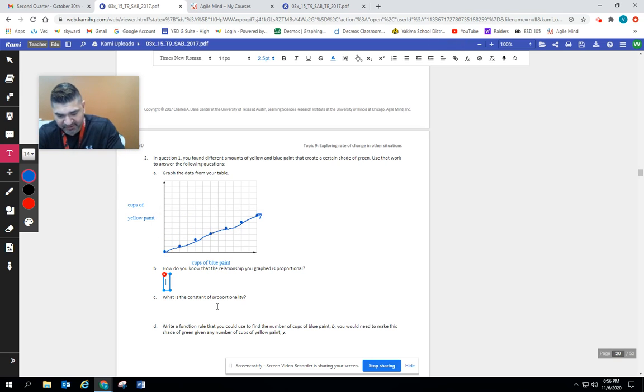So that's the first thing I'm going to put on here: it passes through the origin, and it also has a constant rate. Okay, it's going to make a straight line. I know I didn't draw a perfectly straight line, but if I could, it would be perfectly straight. Okay, it passes through the origin and has a constant rate.